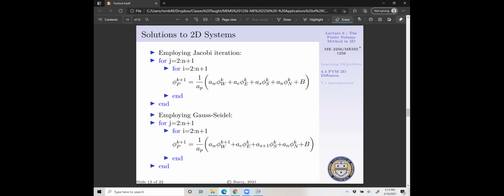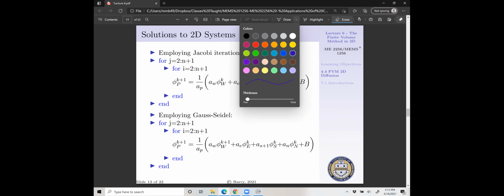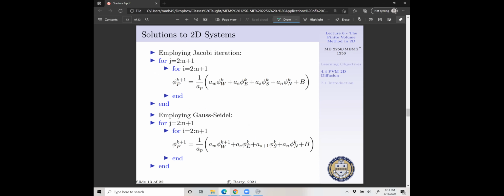Now, there's 2 easy ways to do this. And I say easy because it's super simple to program in. You can do Jacobi iteration. So what we would do is go through our domain. And for j is equal to 2 to n plus 1, and I think this is supposed to be n plus 1. Yep, because that would give us 6.